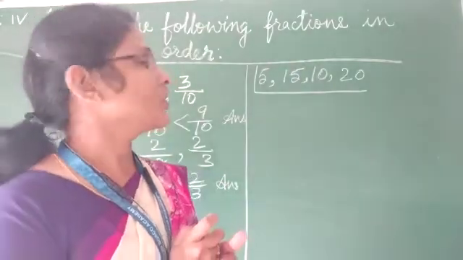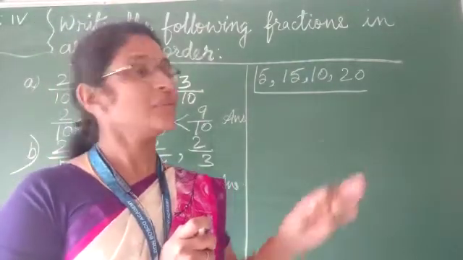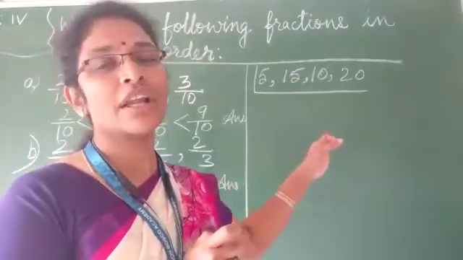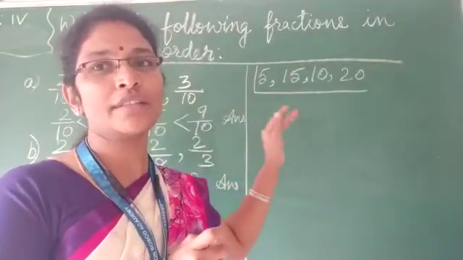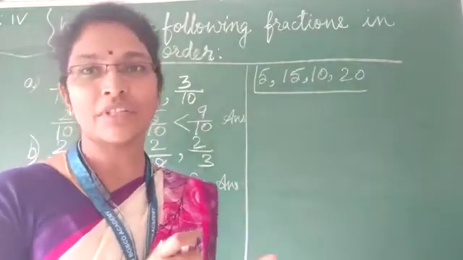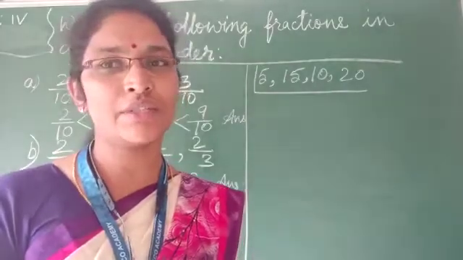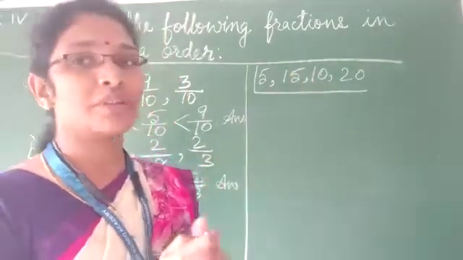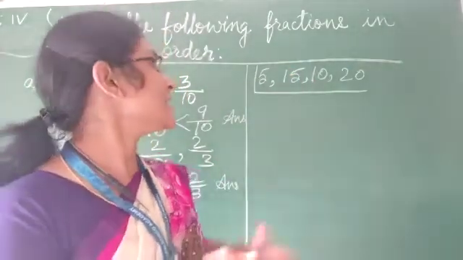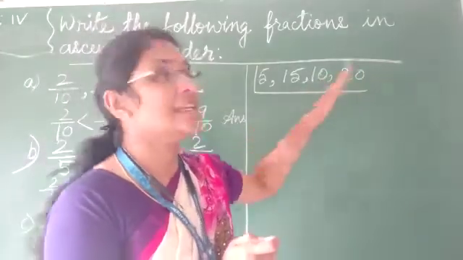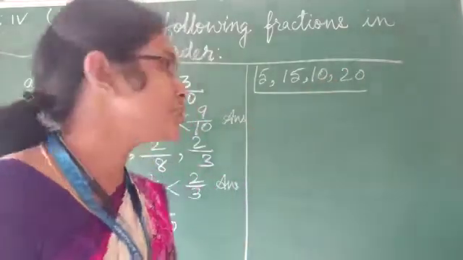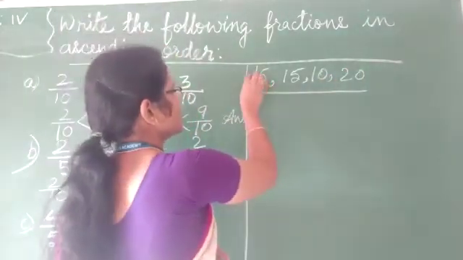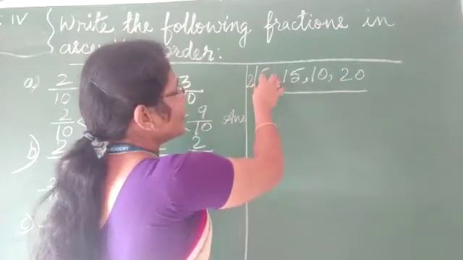Whenever you do the LCM by the prime factorization method, we have to start from the smallest prime factor. And which is the smallest prime factor? That is 2. Are these divisible by 2? We can see 10 and 20 are divisible by 2. We are going to do the process by 2.